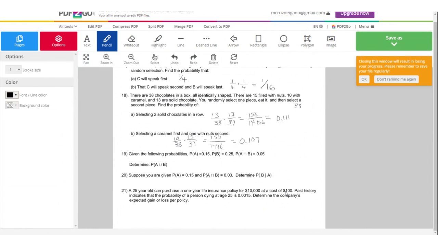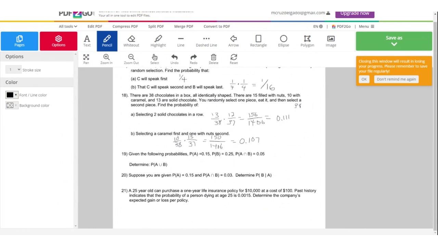All right, so probability of A is 0.15, probability of B is 0.05. Here's a thing where you have to figure out if they're mutually exclusive or not. So 0.15 times 0.25 does not equal this.